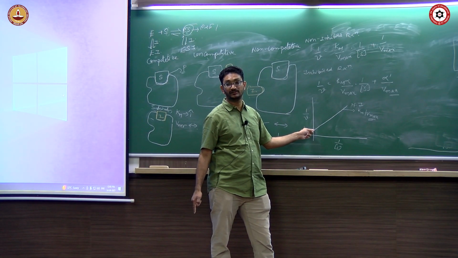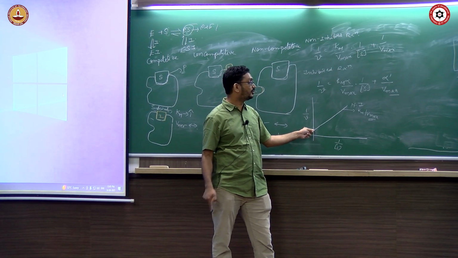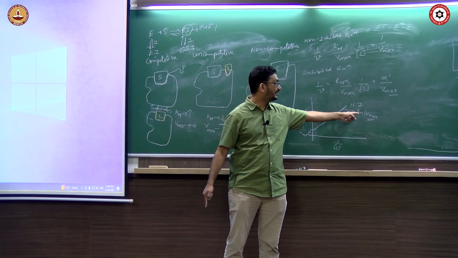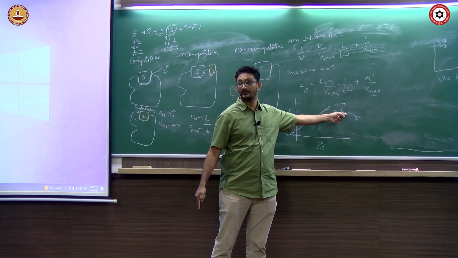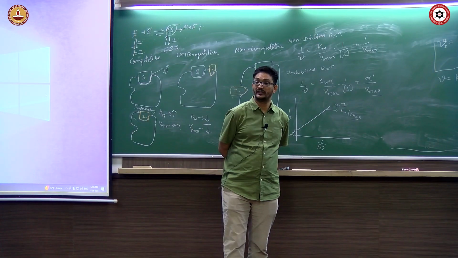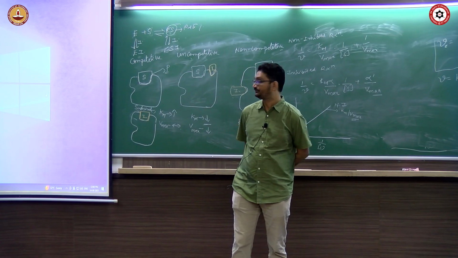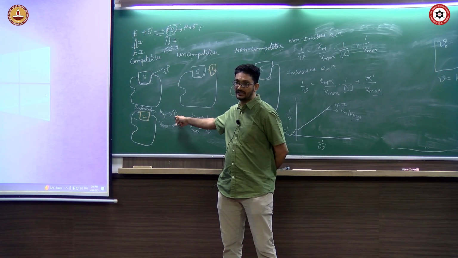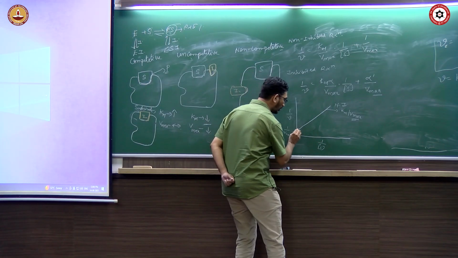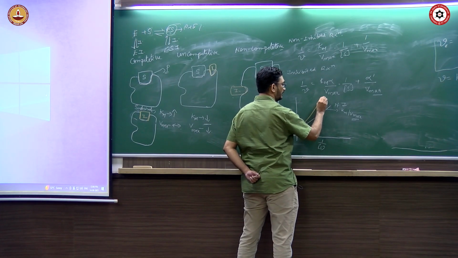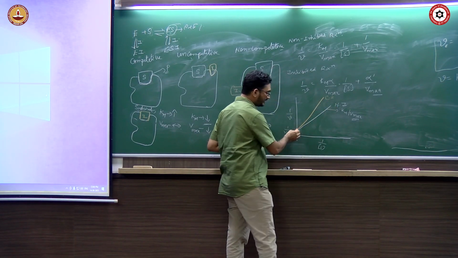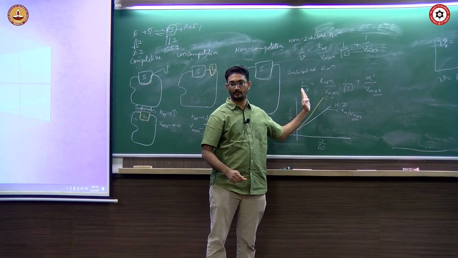What is changing? Okay, so Km will affect the slope. Now, is my slope going to increase or decrease? Because Km is increasing, your slope will increase. So, for a competitive inhibition, the intercept will be same, but it will have a higher slope, right?